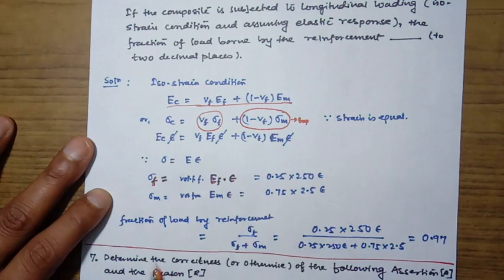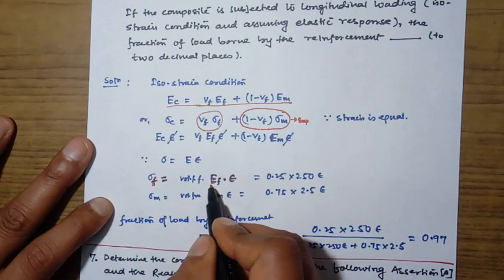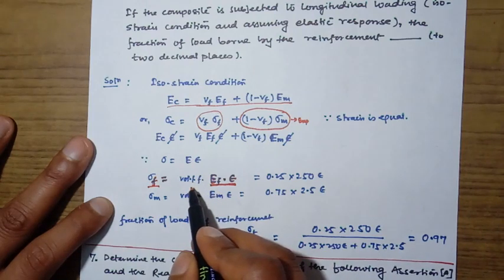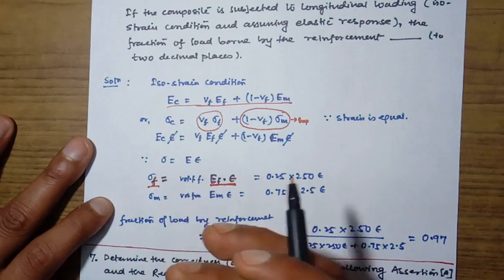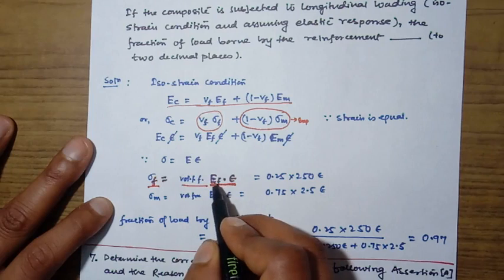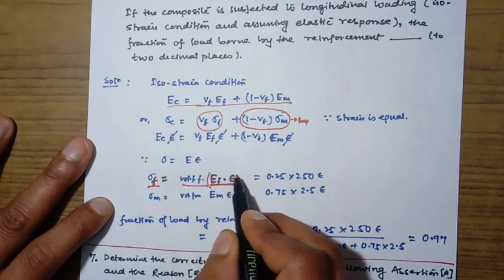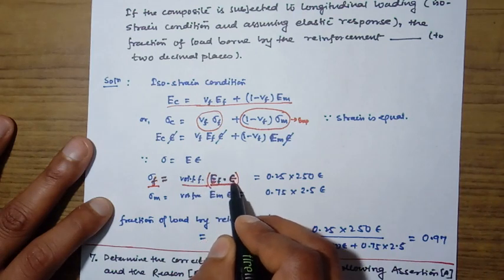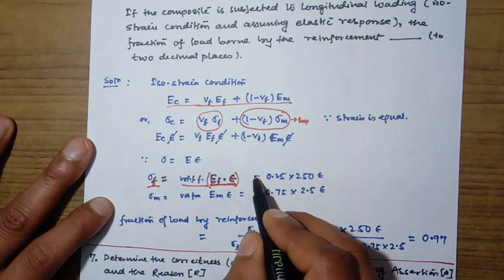This stress is valid when there is a complete fiber material, but since we have got only some volume percent of fiber, the volume percent of fiber into the stress which will be carried. So this will come around 0.25 into 250 into strain.